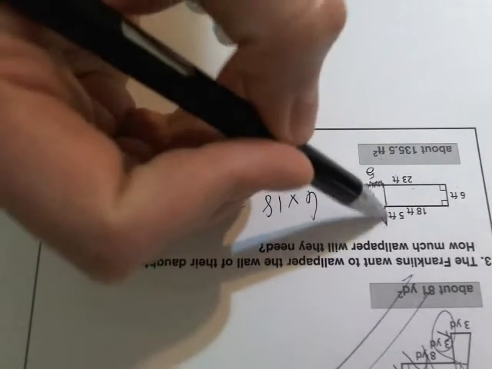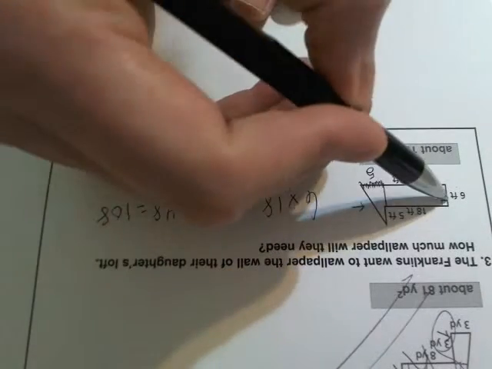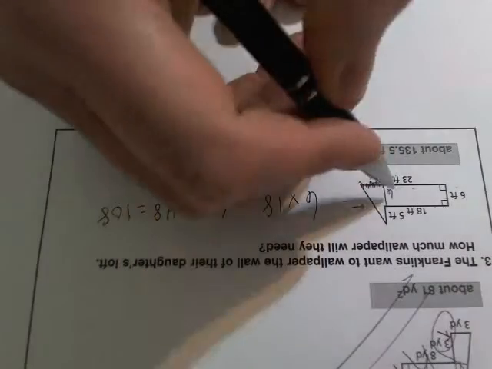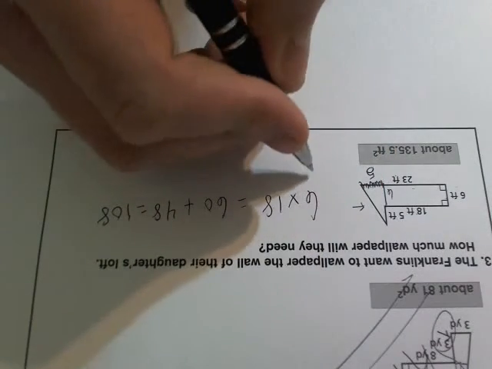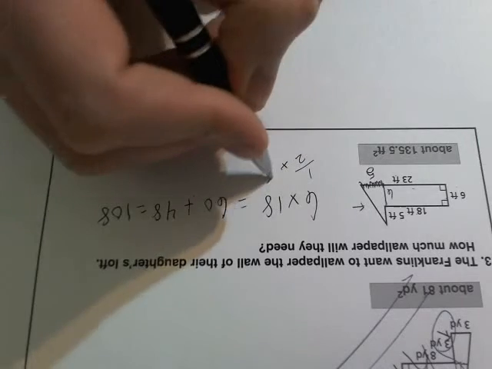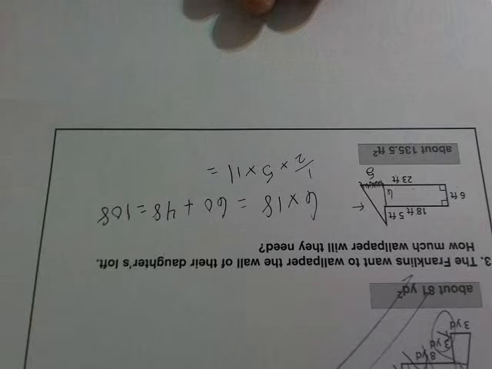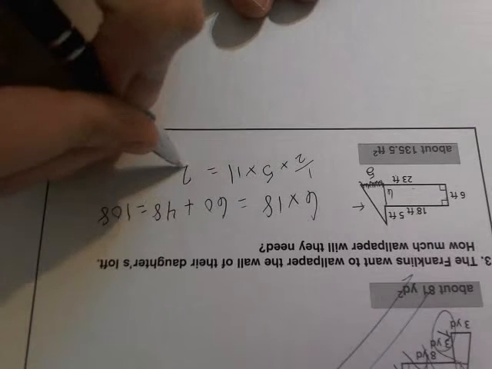The height, well, I've got this chunk here at 5, and if I read across to the other side of the rectangle, I know this side here is 6. So the height is going to be 11. So the triangle is going to be half of 5 times 11, or half of 55. Okay, if I'm chopping 55 in half, that's going to give me 27.5.